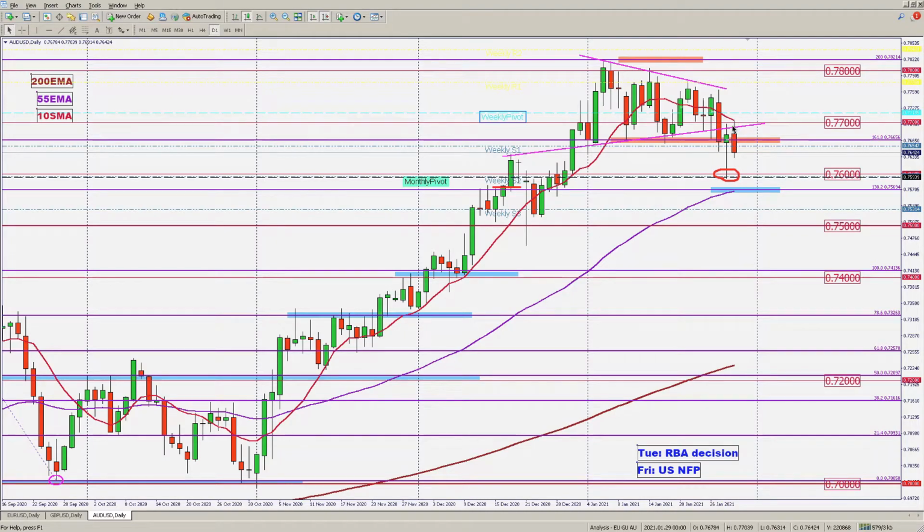It climbed back up to retest the 0.770 round figure, and then settled for the week on Friday with a bearish close. There could be a further bearish continuation this coming week to test the 138 fib extension where the 55 EMA is.